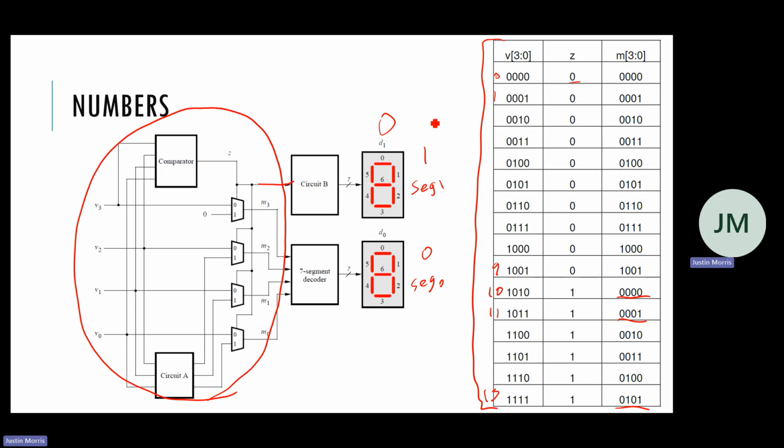If Z is 1, display 1. Because if V is 0 through 9, my seg 1 should be displaying 0. If it's 10 through 15, it should be displaying 1. Is it clear what V is now?